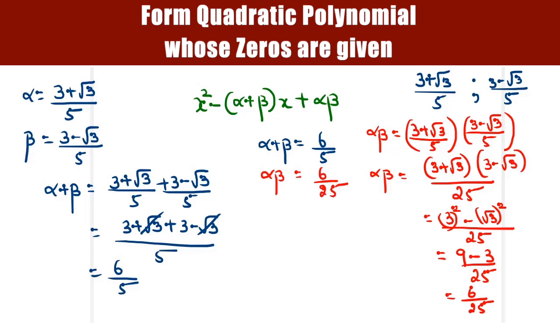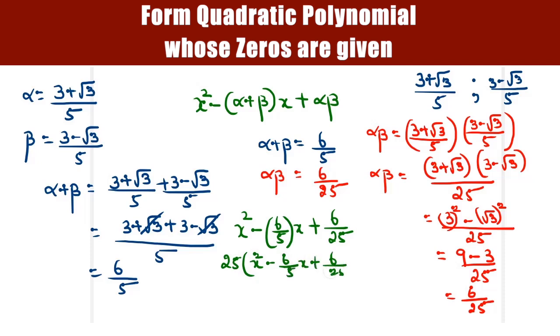Now let's write the quadratic equation. We know it is x squared minus (alpha plus beta) x, so it is 6 by 5 x, plus alpha beta, so it is 6 by 25. We don't leave the fractions in this format actually, because for a quadratic equation, we remove the fraction and take LCM. So I'm going to multiply everything by 25. So let's multiply the entire expression by 25.